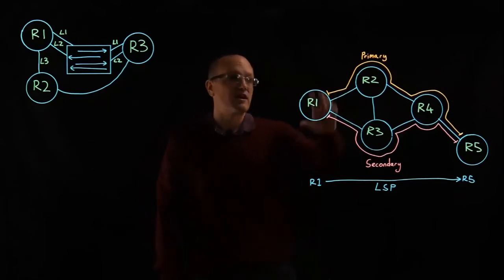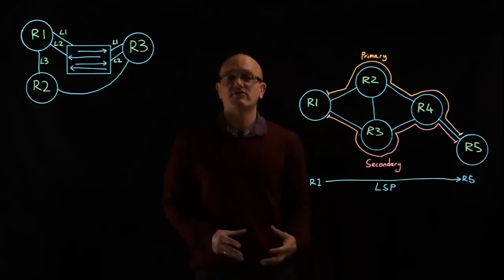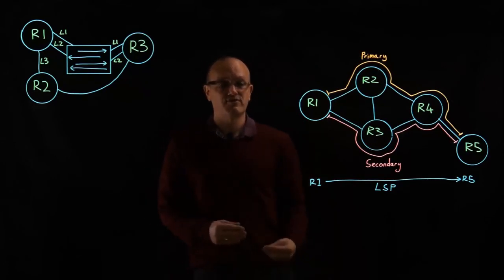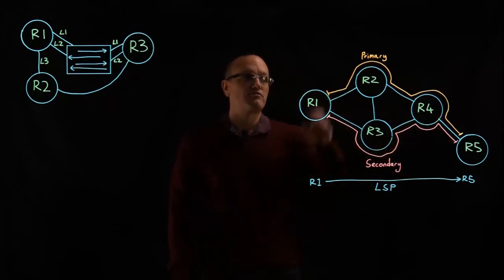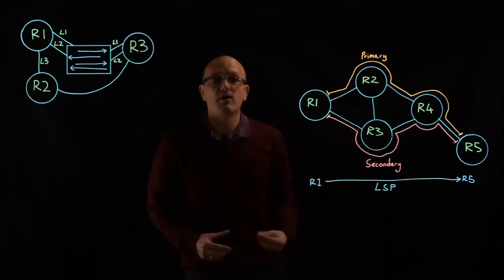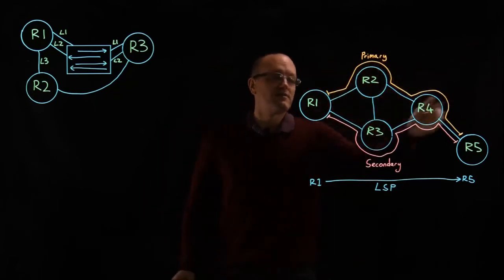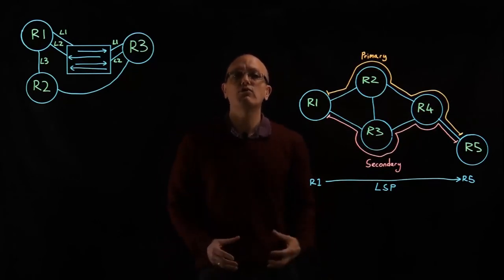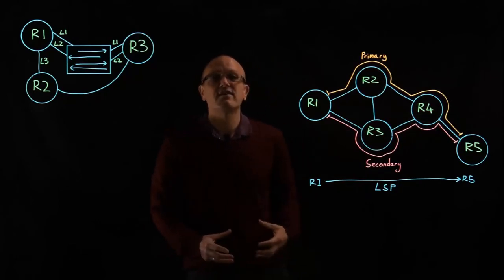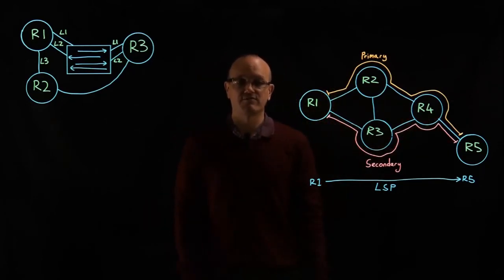If you are configuring a primary and a secondary path, the router, with no extra configuration, is going to attempt to have the secondary path as diverse as possible from the primary path by automatically adding prohibitive metrics to the links that the primary path is taking. So this allows you to automatically have great diversity for your secondary path with a minimal amount of configuration.